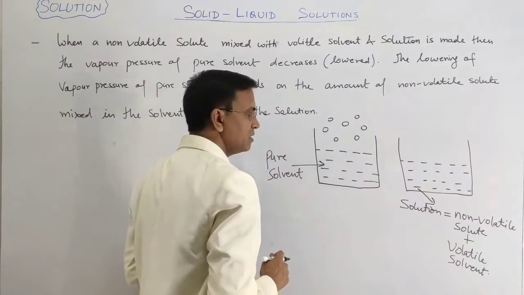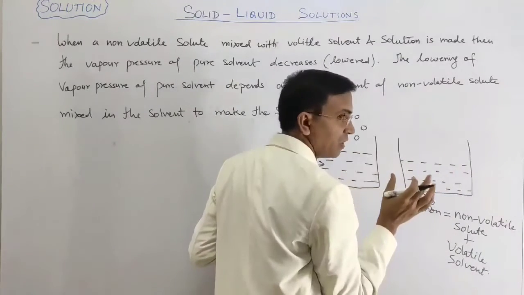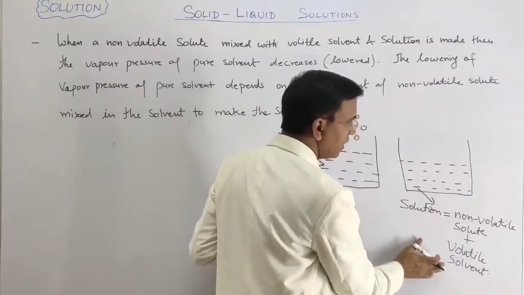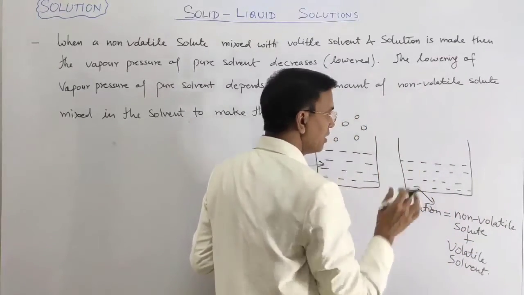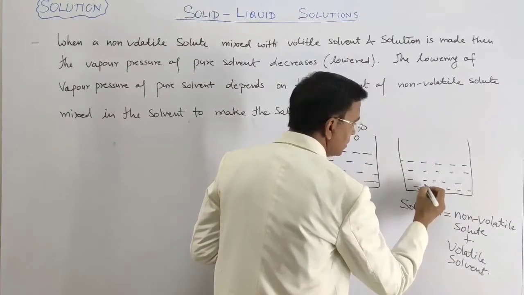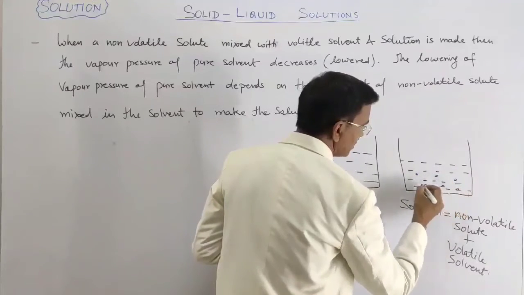That means the solute particles don't go into the vapor phase because they are non-volatile. Only the volatile solvent vapors will be there in the vapor phase. Right? Suppose these are the solvent particles.